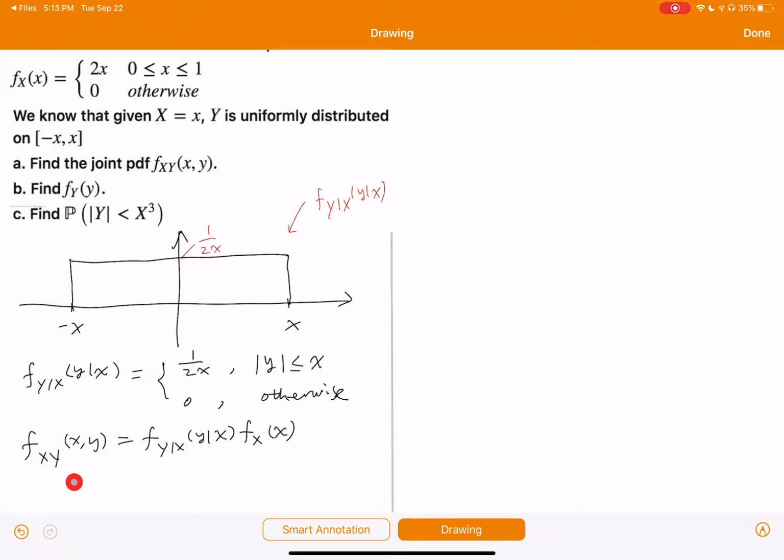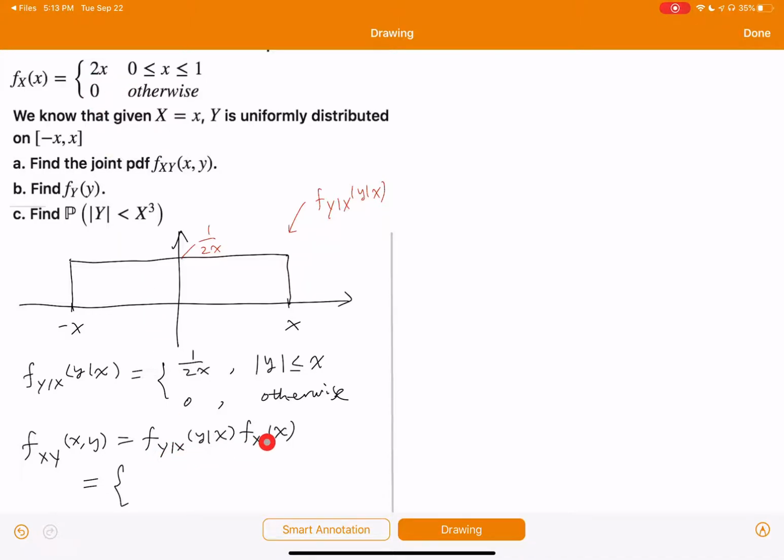So this is equal to, the first function we just calculated, the conditional density, is 1 over 2x when the absolute value of y is less than or equal to x. And f of x here is given here, f of x equals 2x.